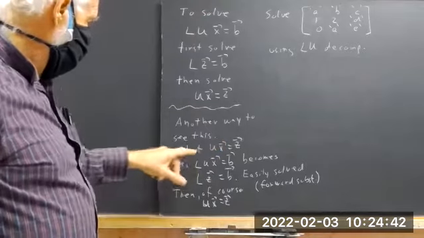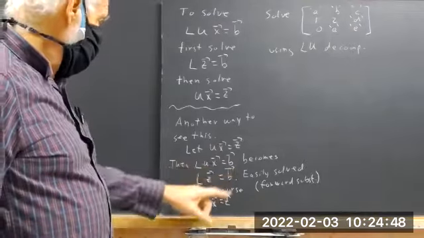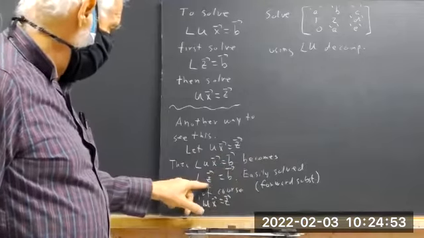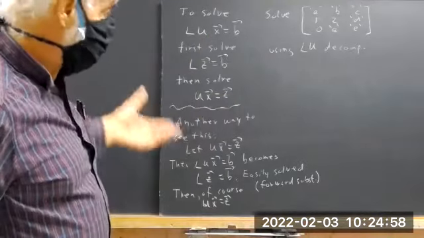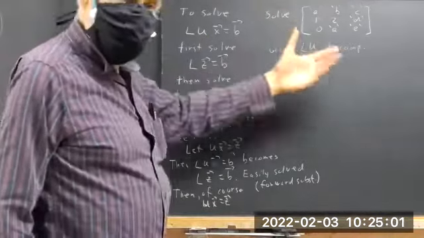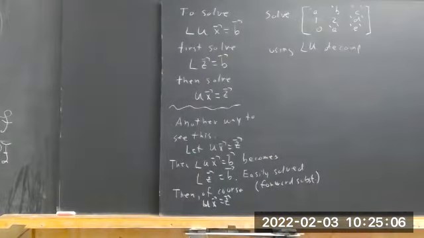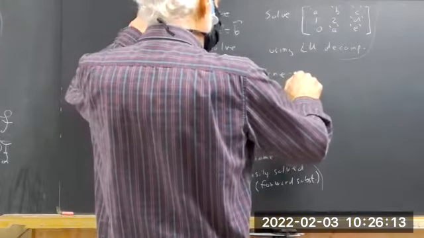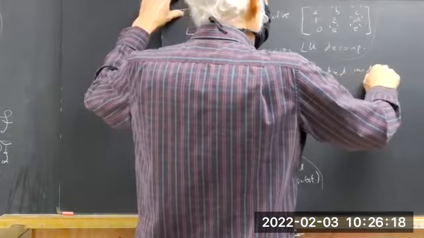Another way to say it, substitution: let Ux = z, so that LUx = b becomes Lz = b, which can easily be solved by substitution to find z. And then, of course, Ux = z because you said so. It might be the third time it's on the video. And we're going to solve this matrix then by LU decomposition. Okay, very good. Same dynamic.